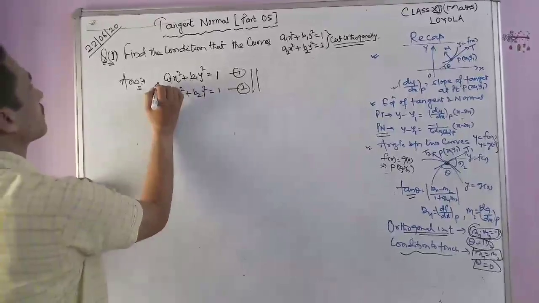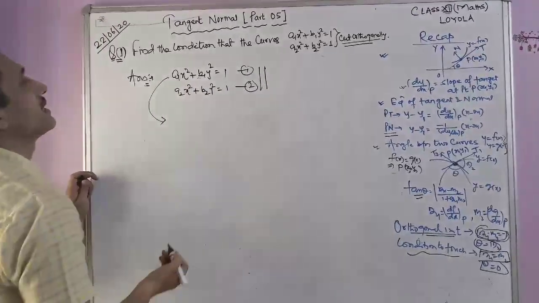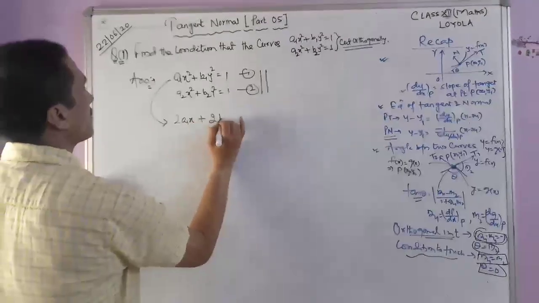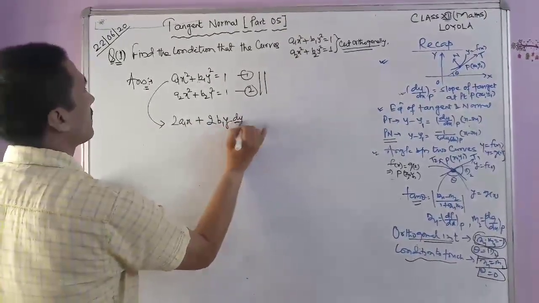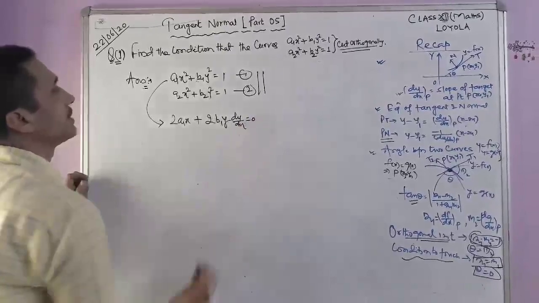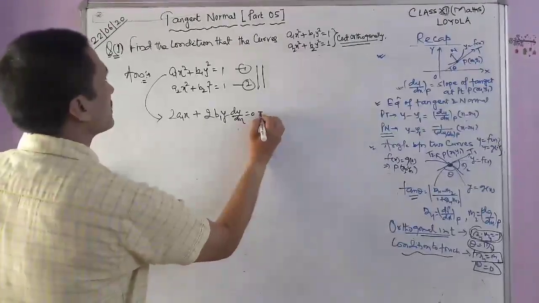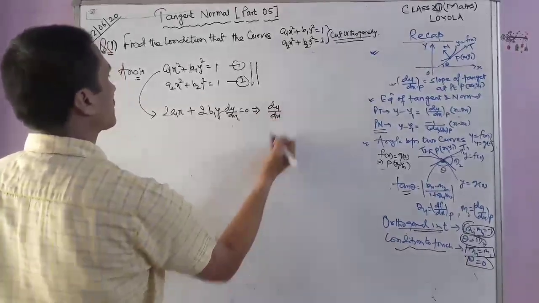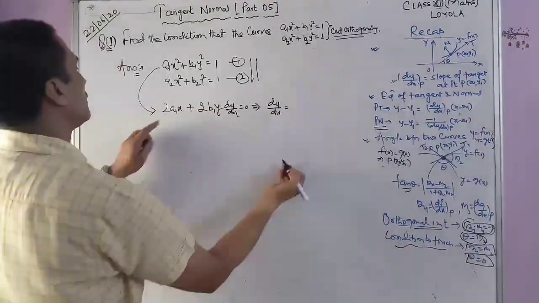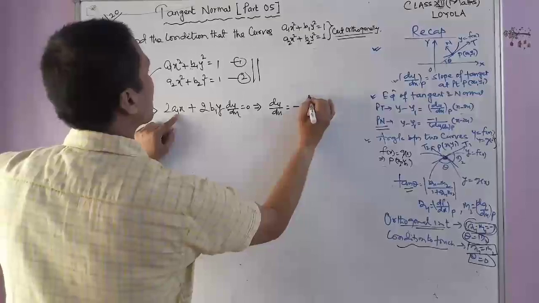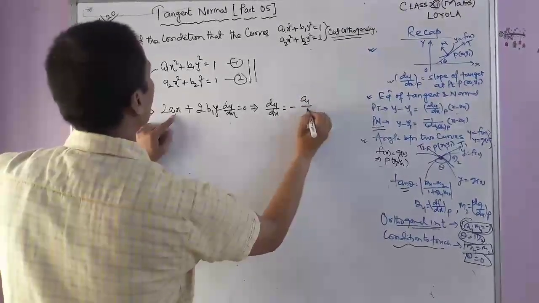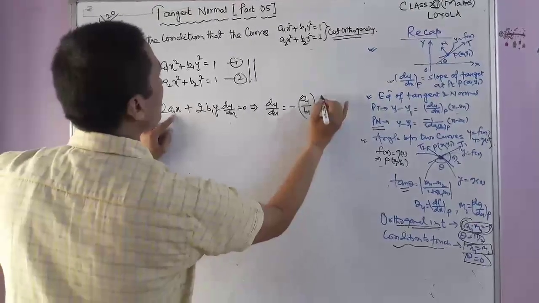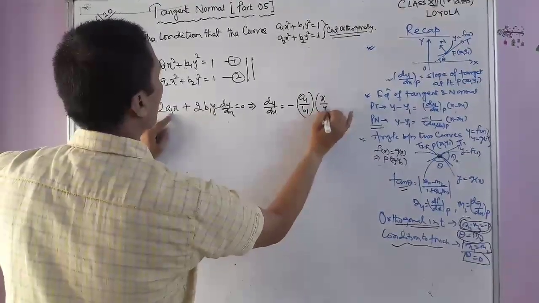So first for m1 we differentiate it: 2a1x plus 2b1y dy by dx equal to 0. This implies dy by dx equal to minus a1x by b1y, that is minus a1 by b1 into x upon y.